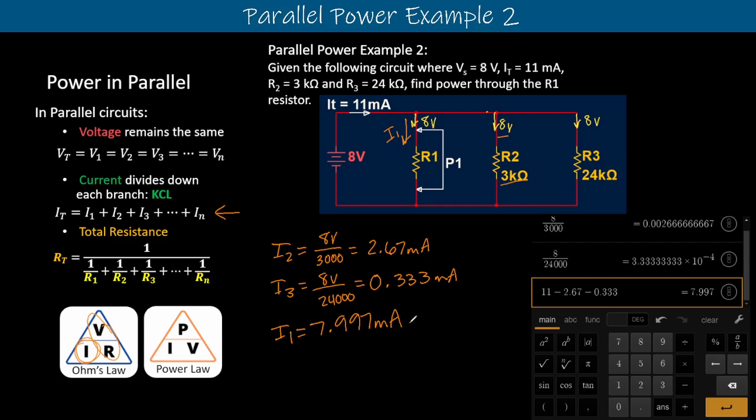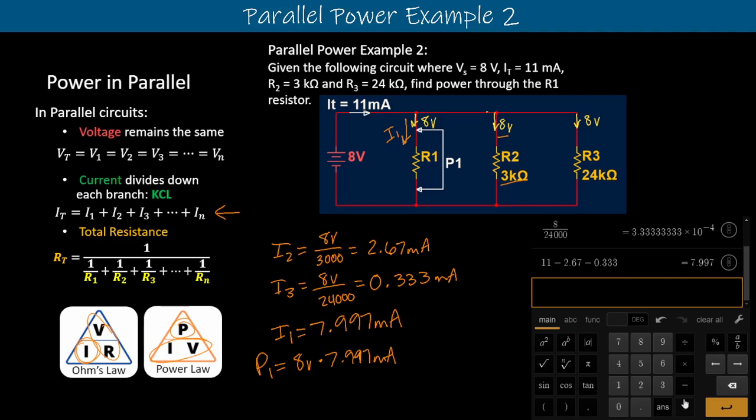So now that we have the current and the voltage down that branch, we can use that to find the power down that branch. We know that is back to our power law. We can say that power is equal to voltage times current. So P1 is equal to the voltage down that branch, 8 volts, multiplied by the current down that branch, 7.997 milliamps. So we'll send this out.